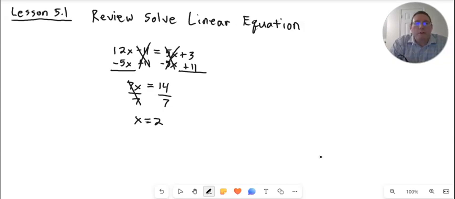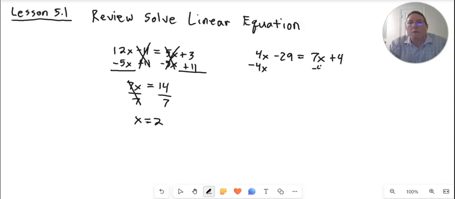I know we did one that looks very similar to this a few minutes ago. I'm going to use this style on the one that we did previously. I'm going to just review it one more time where we did 4x minus 29 is equal to 7x plus 4. All right, and so what I'm going to do is I'm going to minus 4x here, minus 4x here, then I'm going to minus 4 here, and minus 4 here.